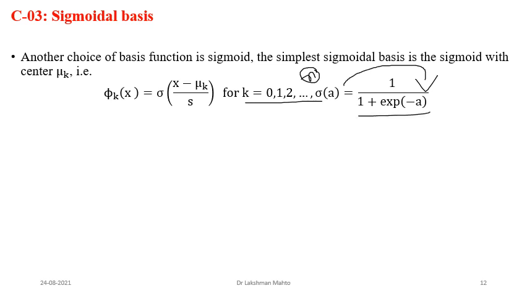The graph has an S kind of shape. When a is very negative, near minus infinity, it approaches 0, and when a is very big, it approaches 1. So the maximum value is 1, and the value of the sigma function lies between 0 and 1.